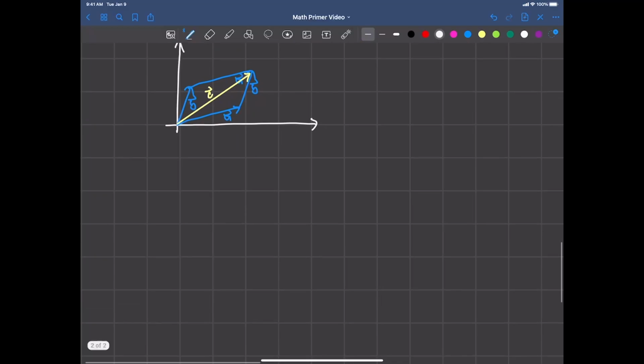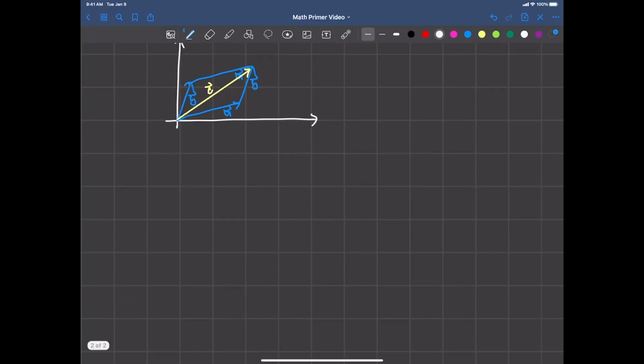Numerically, we add vectors component by component, adding the x components together and then separately adding the y components together. So, as an example, let's say vector A is 4, 3, and vector B is 1, 2. How do we add these together?